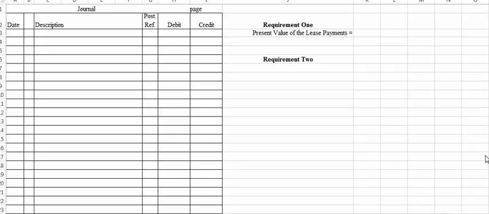But number one, they said determine the present value of the lease payments at June 30th, 2016 to the nearest $100. And this would be the number that Georgia Atlantic uses to record the leased asset and lease liability. Okay. So what they're saying is, the payment amount is $562,907.